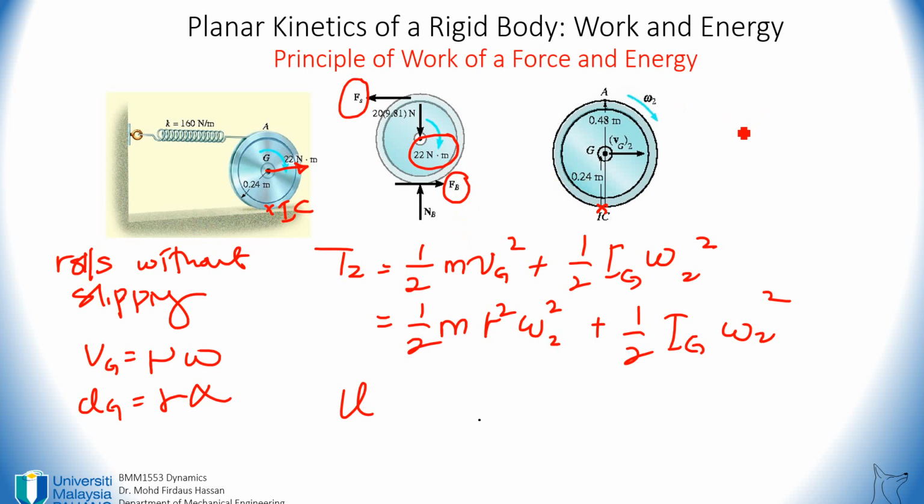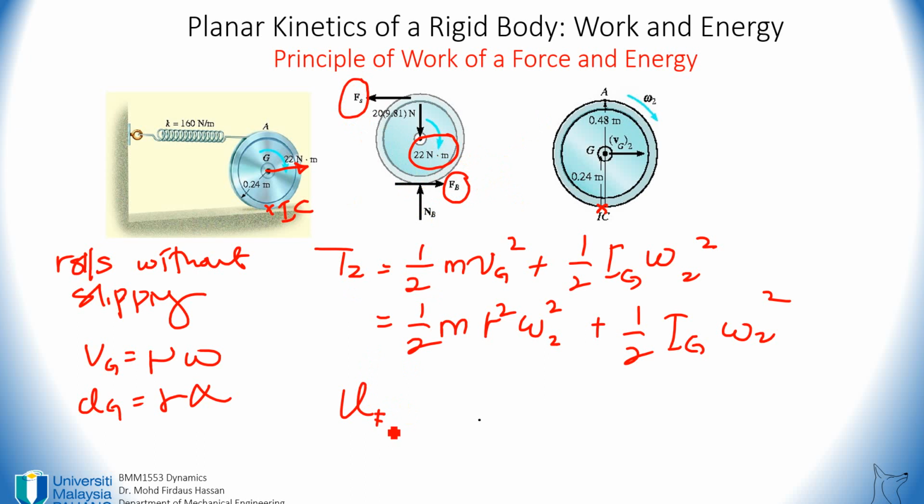For this case of rolling without slipping, F_B does no work since the wheel doesn't slip as it rolls. If it rolls without slipping, F_B is not counted in calculating the work because it doesn't create any work while it rotates without slipping. So only two elements, only two forces or moments, are counted to calculate the work done.